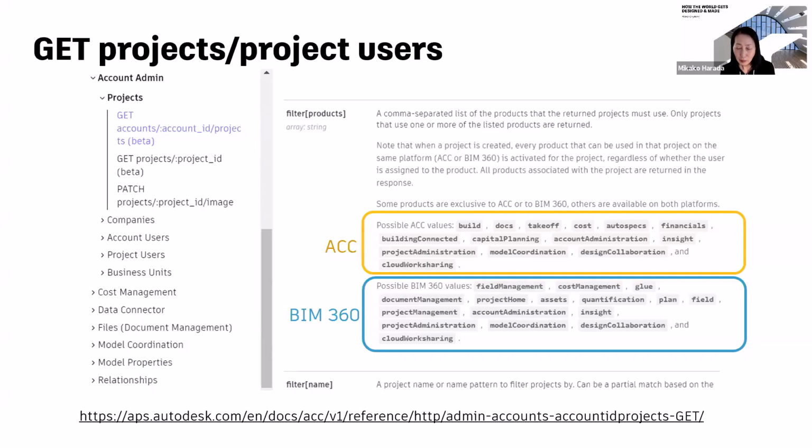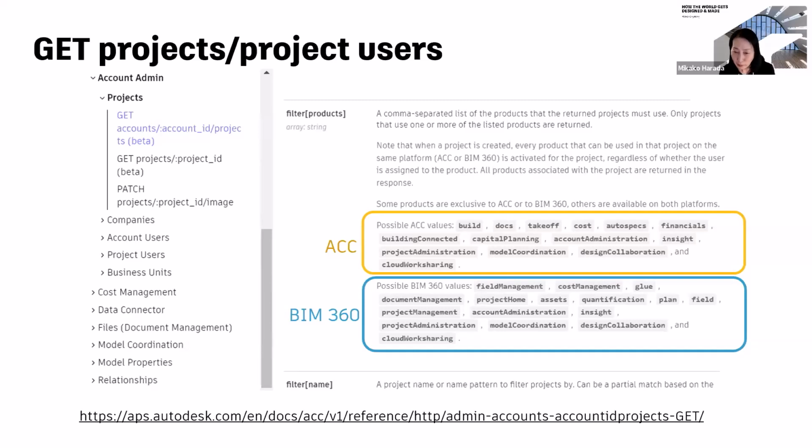ACC is called products, while BIM 360 is called services. ACC has, for instance, Build, Docs, Takeoff, and some of the Build offering include Cost and AutoSpecs. Those are the other products included in an ACC project.